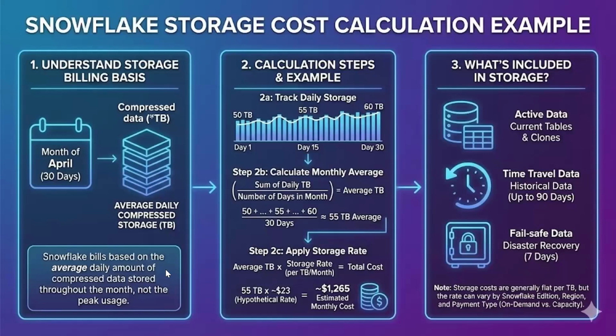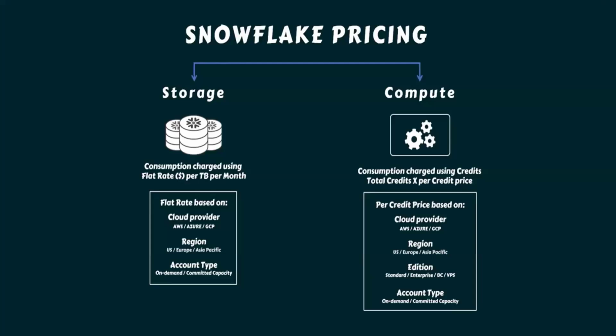The cost which Snowflake is going to calculate for compute, where every per-credit price will be based on the cloud provider, the region I am selecting, the edition I am selecting, and the account type I am selecting. These four factors impact my compute. So compute cost is a very important one after storage cost.